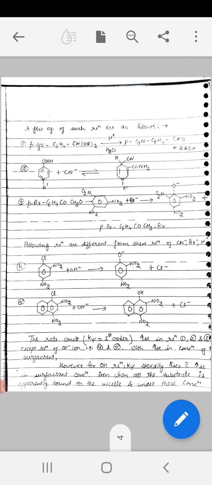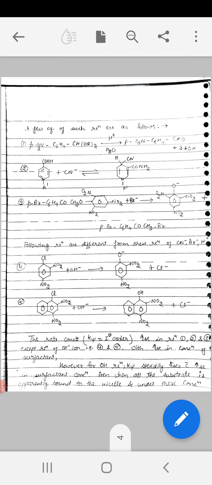Following reactions are different from these reactions of cyanide, bromide, and hydrogen ions. In reactions 1, 2, and 3, the first order rate constant K psi increases and then decreases with increase in concentration of surfactant, except the reactions of OH ion, that is 4 and 5.